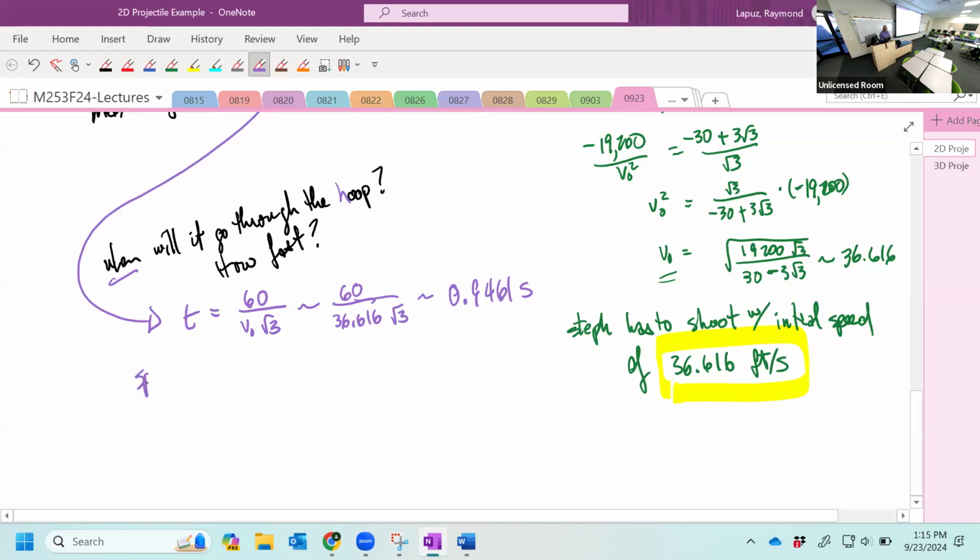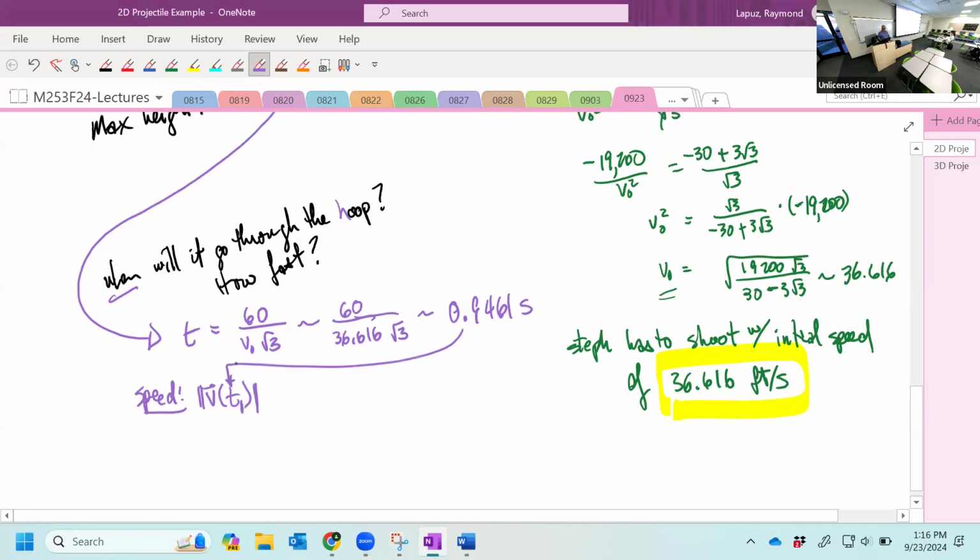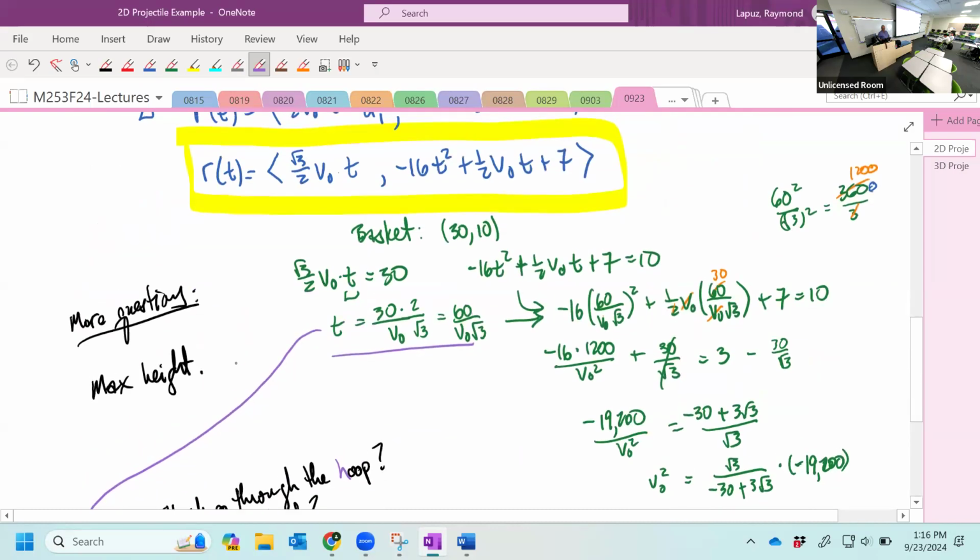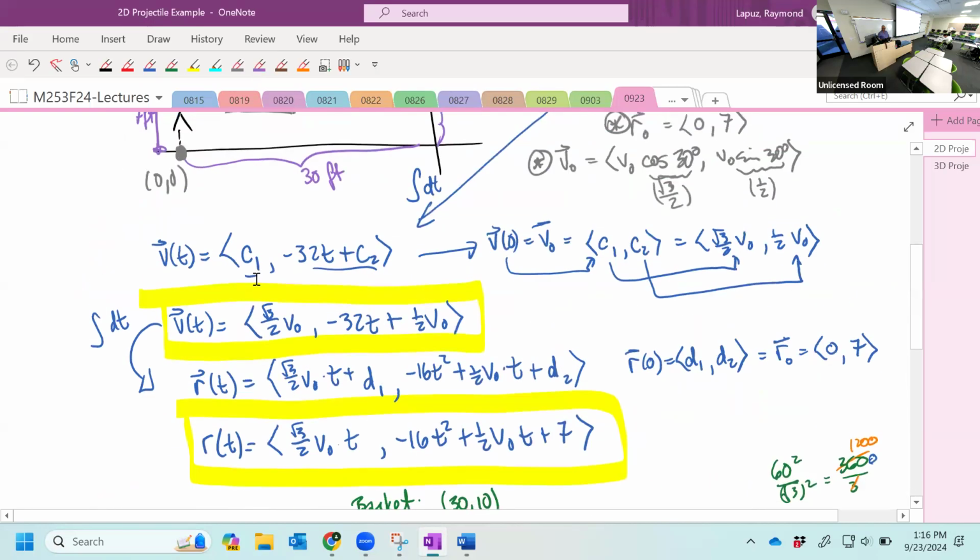So speed is the magnitude of the velocity at this given t1, maybe. t naught sounds like it's the beginning. So we need to find the velocity and take the magnitude of that. This is our velocity. Oh, we have our V naught as well.